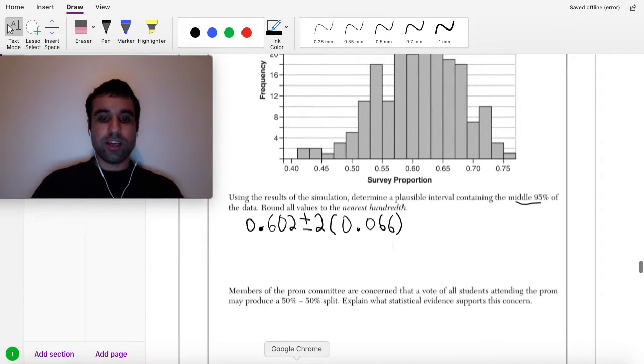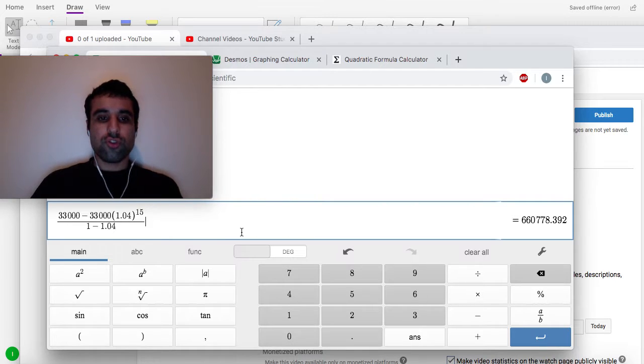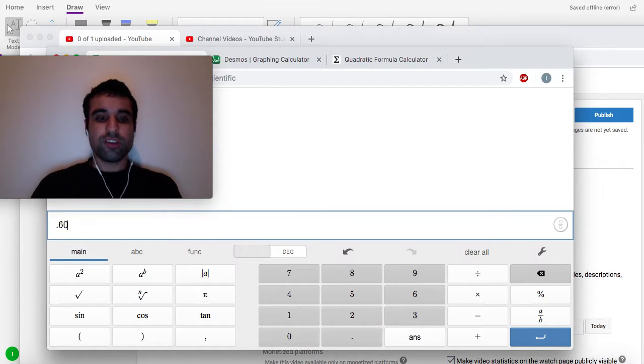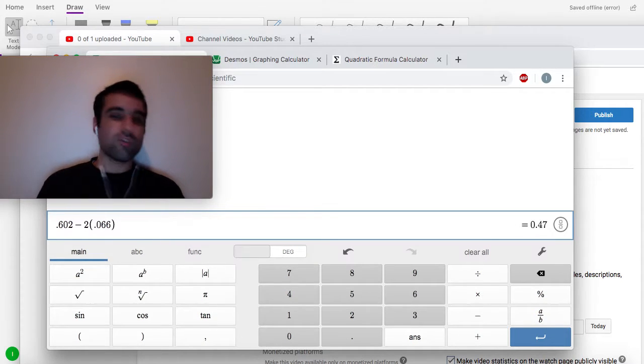So let's go ahead and enter those values in. So one of them was 0.602 minus 2 times 0.066, which is 0.47. No need to round that to the nearest hundredth because that's already rounded.